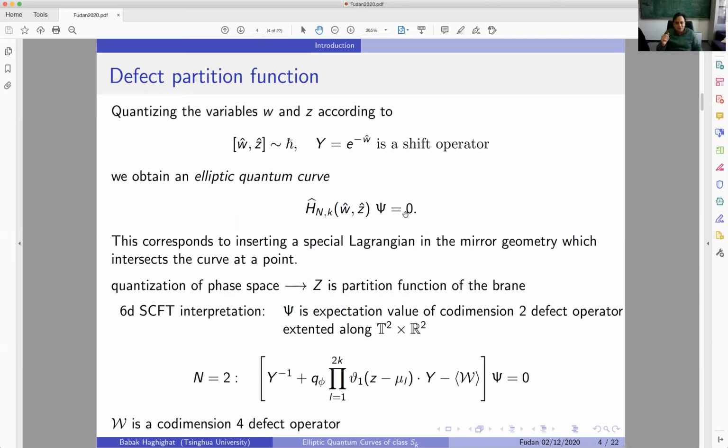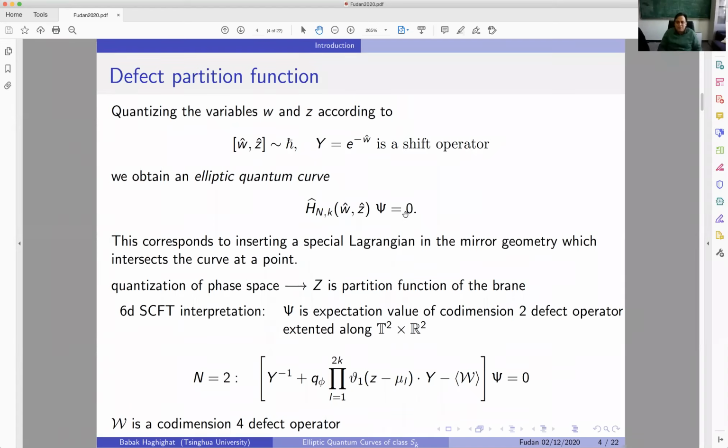If you use mirror symmetry, you will see that the mirror Calabi-Yau is this Riemann surface, or cone over this Riemann surface, and the defect will be mapped to a brane wrapping a special Lagrangian manifold, which is intersecting this Riemann surface at a point. So it is transverse to it and along these conical directions.